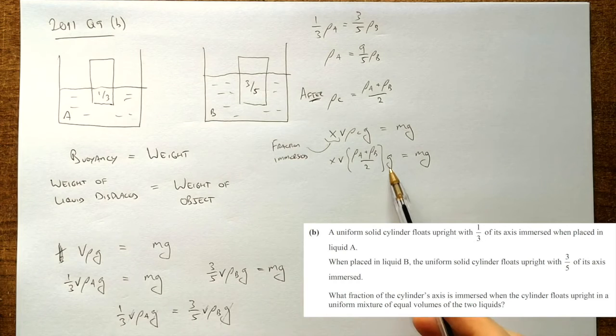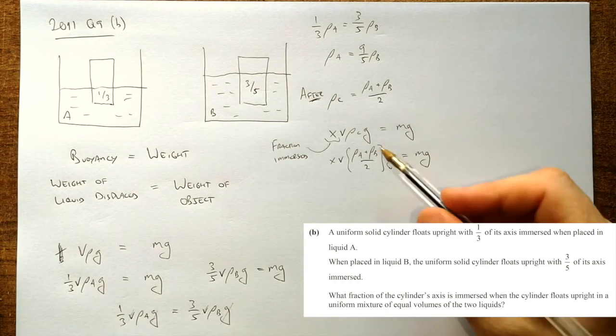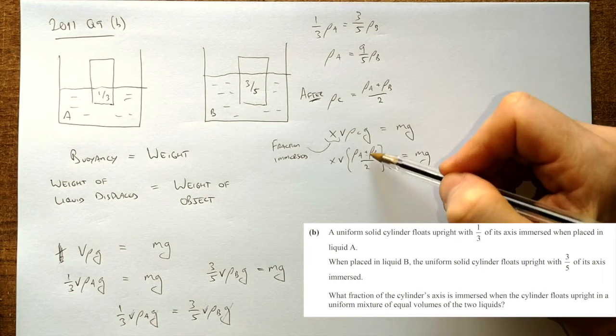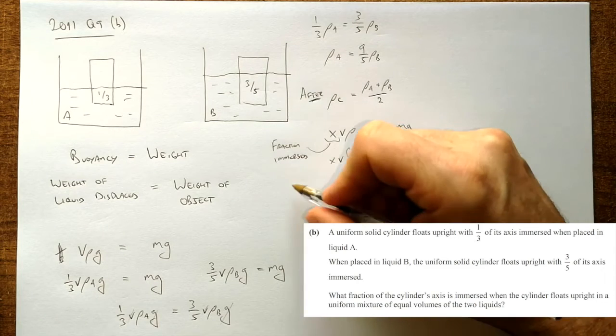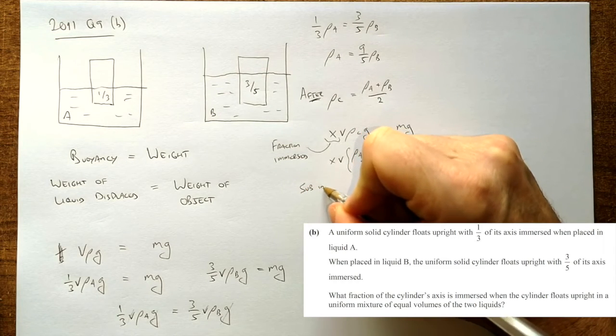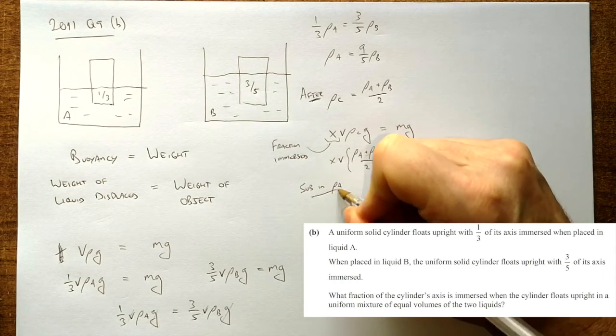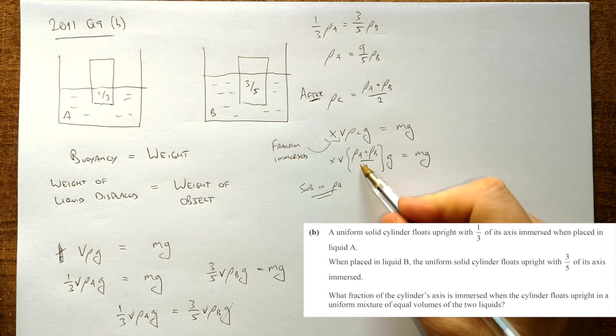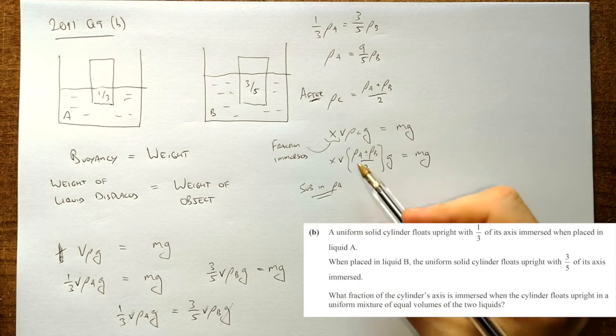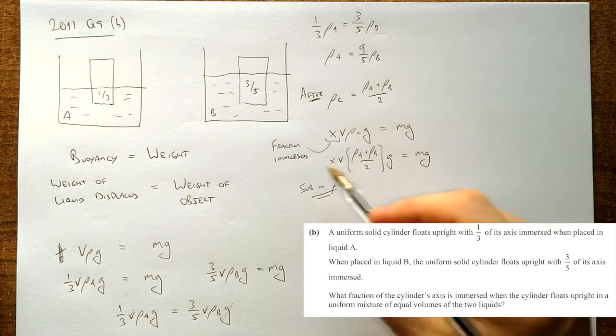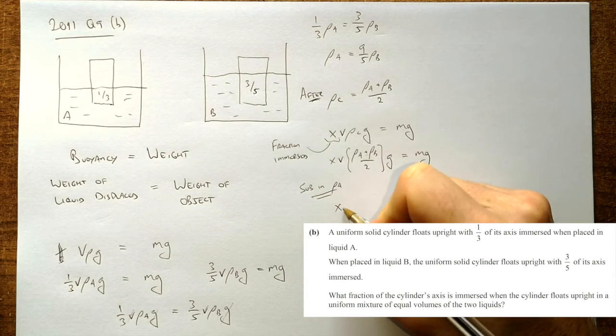Now, where are we going to go next? Well, this is beginning to look rather familiar to one of these two. So we have a few different ways we can go on this. I think we have rho A here, so let's substitute it out. So we'll sub in rho A, get this in terms of rho B, and then we'll use this equation as well. You could do it the other way around.